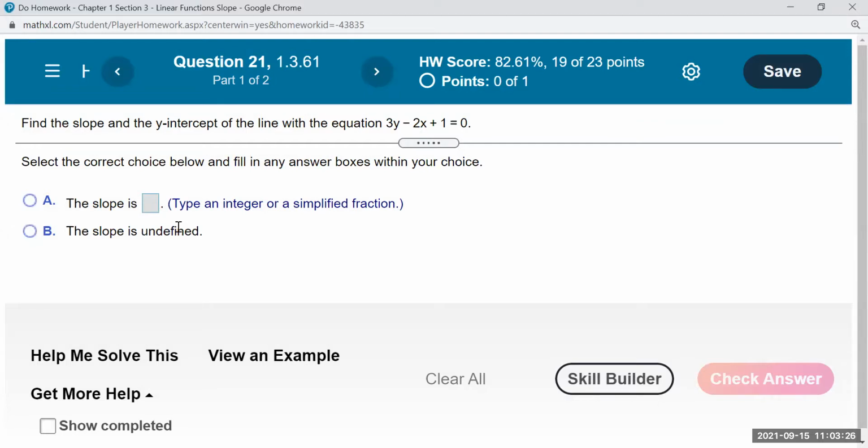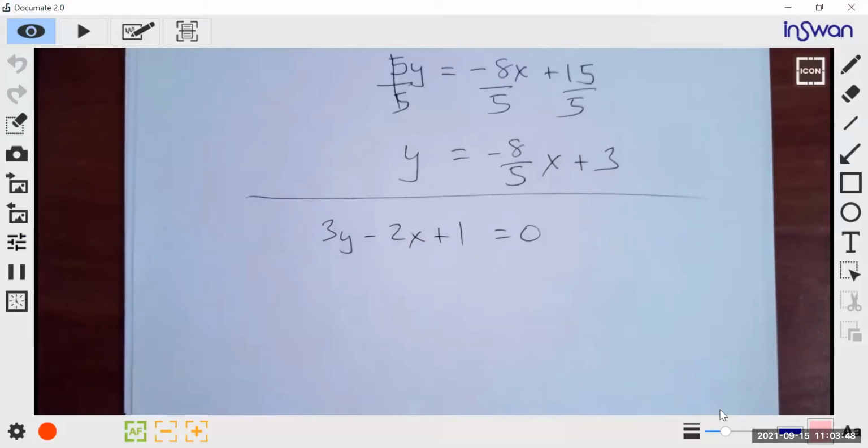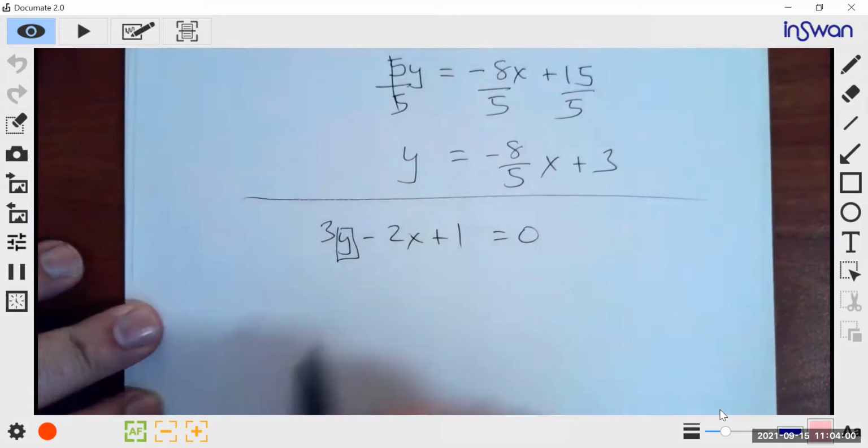So do the same thing with this equation. Three y minus 2x plus 1 equals 0. Again, in order to find the slope, we have to solve for y.